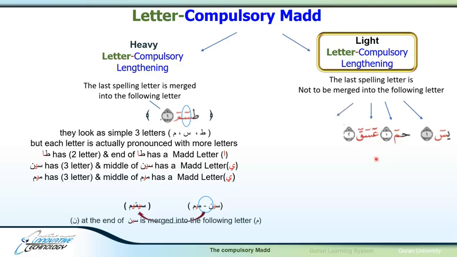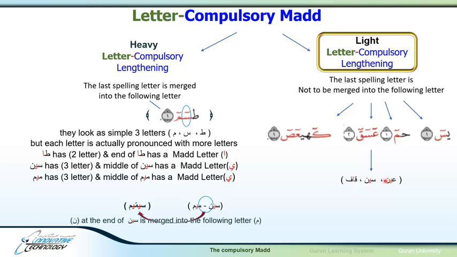And another example of the light letter compulsory lengthening is Kaf, Ha, Ya, Ain, Sad. In these cases, the Ain, the Sin, and the Qaf each has three letters that has a mad, and we lengthen all of those, but there is no merging.